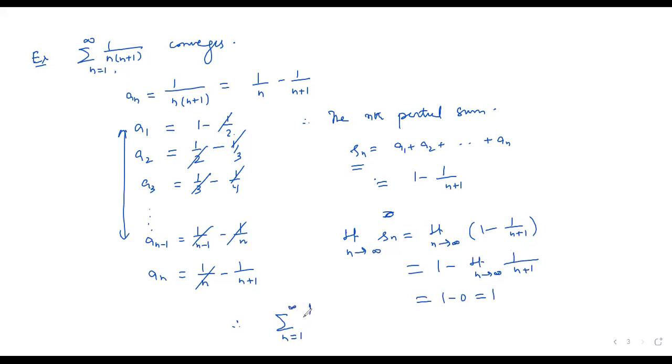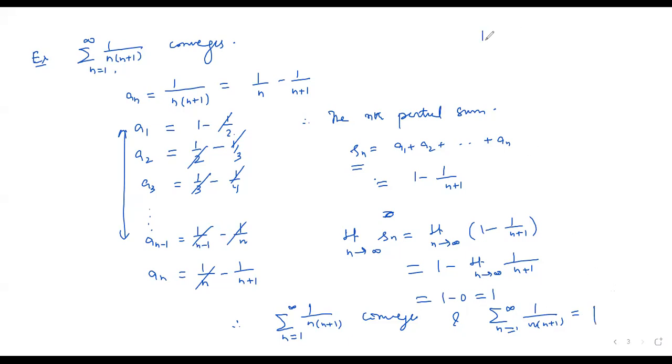So the summation n runs from 1 to infinity converges. The sequence of partial sums of 1 by n into n plus 1 does converge, and in fact, I can write that it converges to 1. Oh, that's wonderful. Okay, so this is equal to 1.